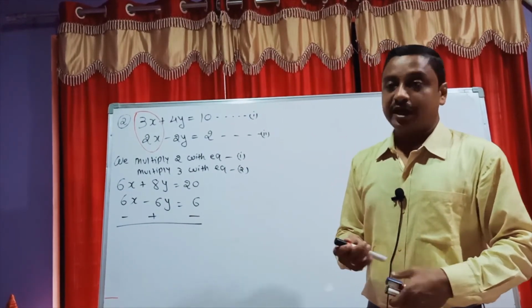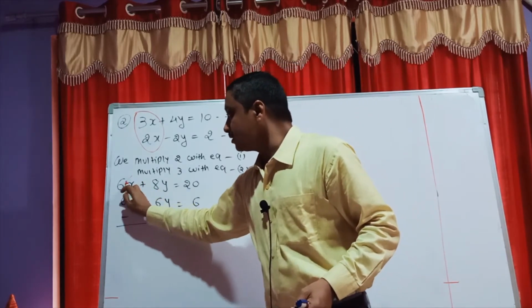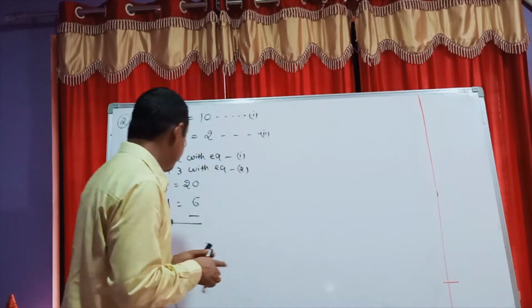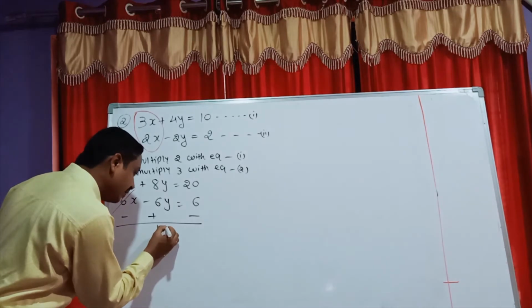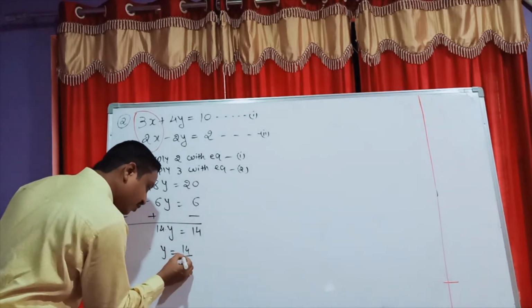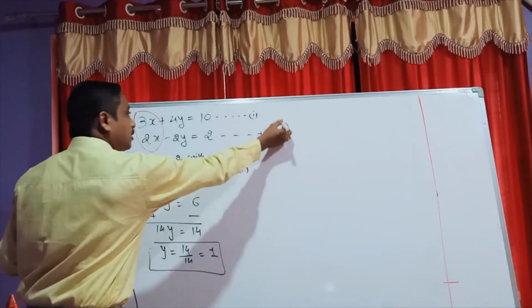That's why I change the symbol, minus to plus and plus to minus. Then 6x and 6x cancel. So what remains? Yes, with the new symbols counted, plus 6 plus 8, 14y, and here also 14. So y gets 14 by 14, which is only and only 1.